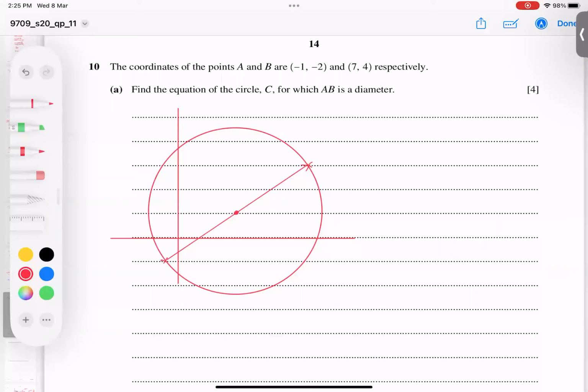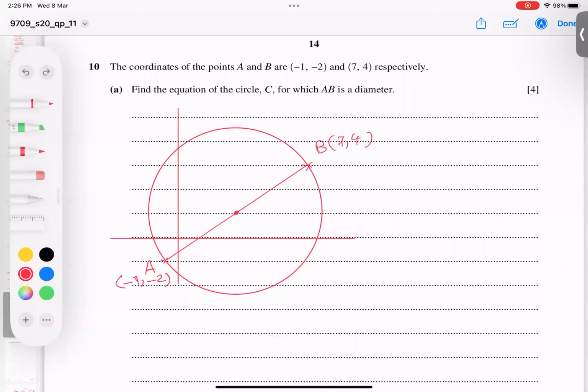So let's start. This is A with coordinates -1, -2, and B has coordinates 7, 4. He said this diameter passes through the center of the circle.